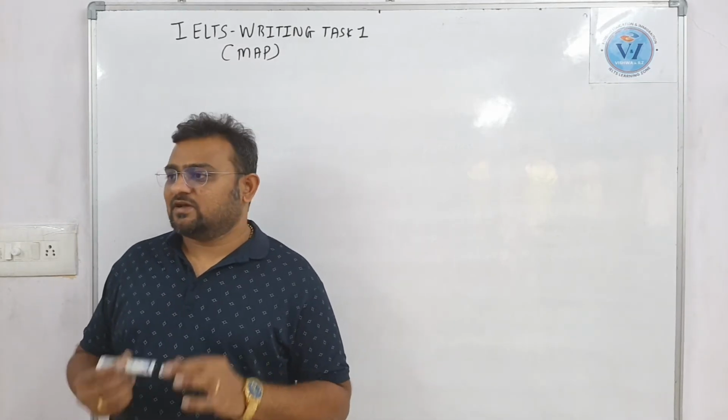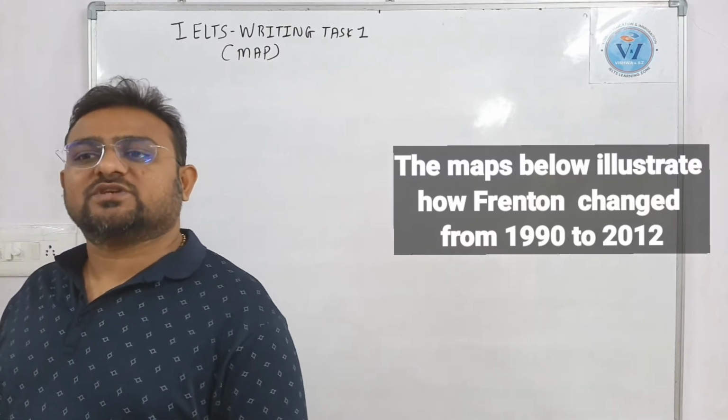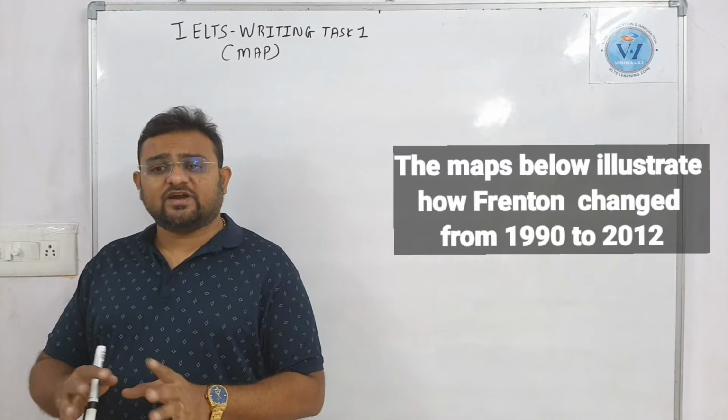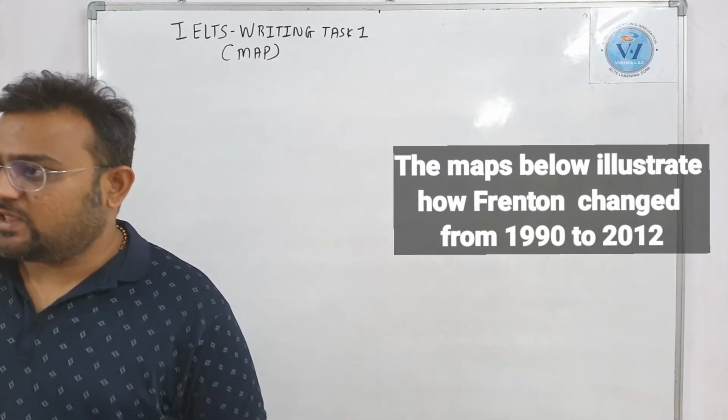Okay, now let's write the introduction of this map. Okay, the question says the changes that have taken place in Frenton, or how Frenton has changed from 1990 to 2012.